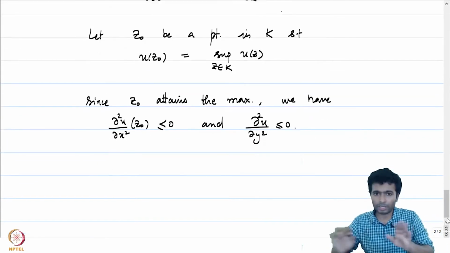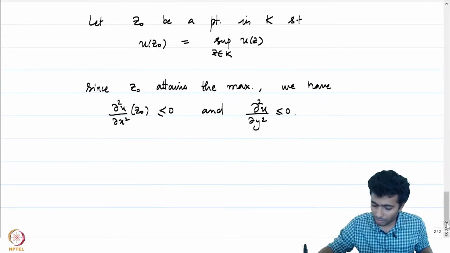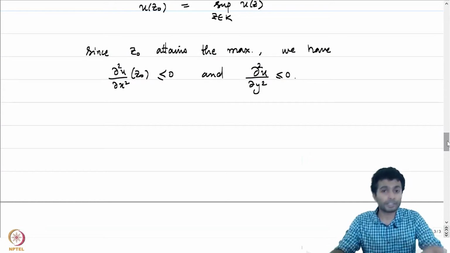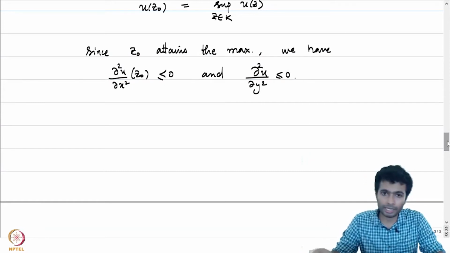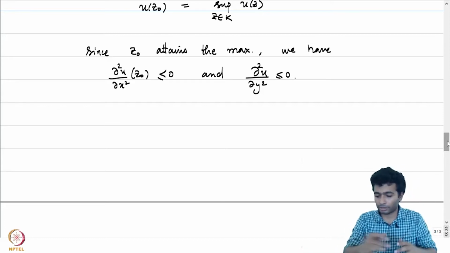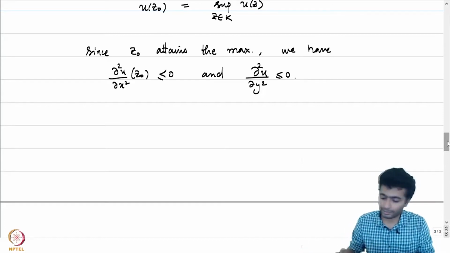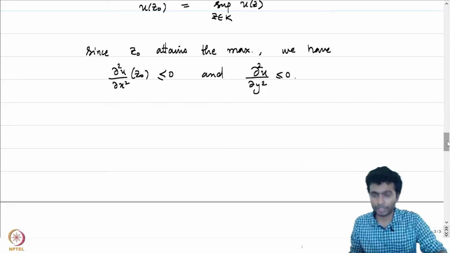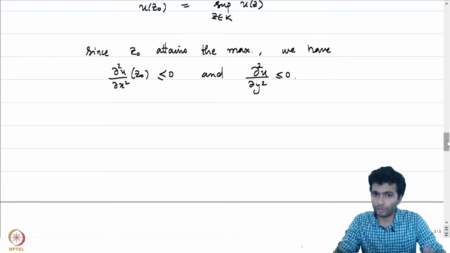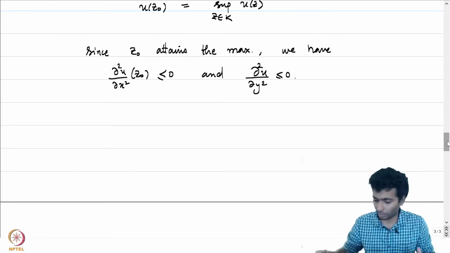But then we do not end up with a contradiction here, because it can happen that both the partial derivatives are equal to zero, and that doesn't contradict harmonicity at least. So this will not at least directly tell us any contradiction. What we will do is tweak our function u a bit and arrive at some other contradiction.